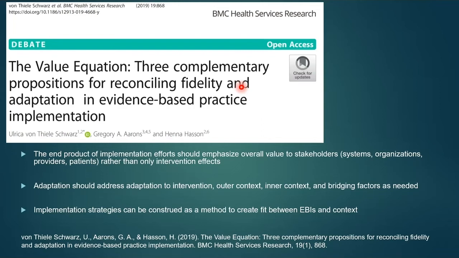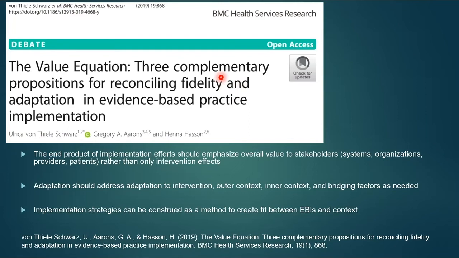As we talked about, in an efficacy trial, it's absolutely essential that every aspect of the protocol be followed, whereas in a pragmatic effectiveness trial, we might have a broader approach to what the protocol is, and we may allow for individual adaptations as needed, as long as the basic functions of the protocol are satisfied.